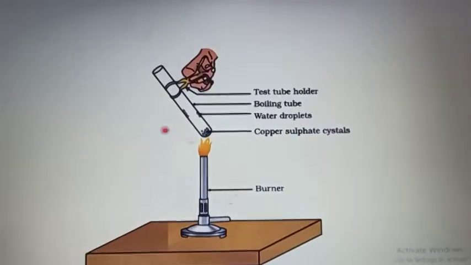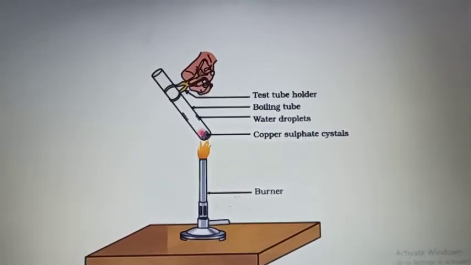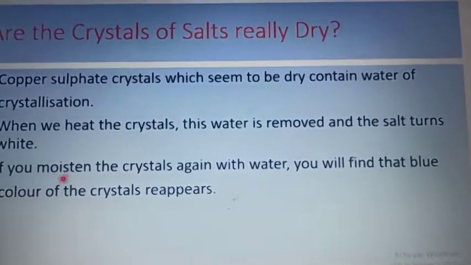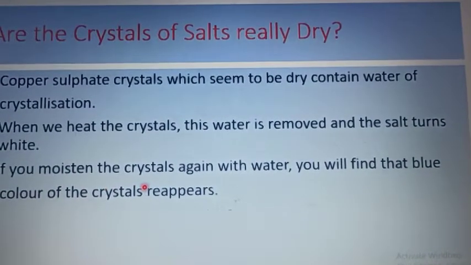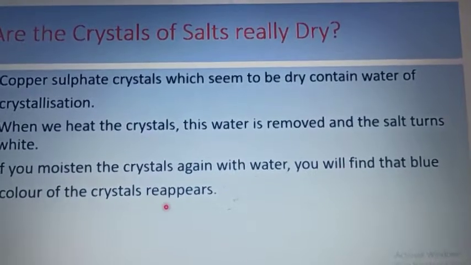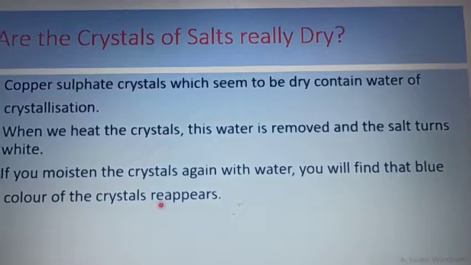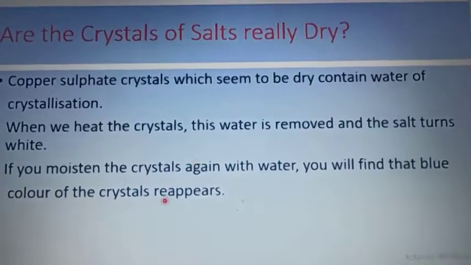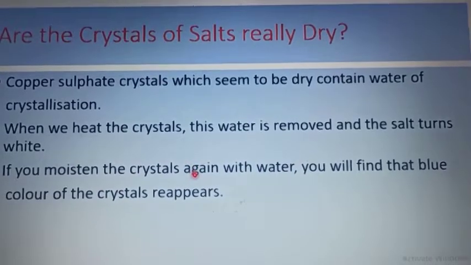But if you moisten the crystals again with water, what will happen? You will find that the blue color of the crystals reappears. As you add water, the color changes again to blue.